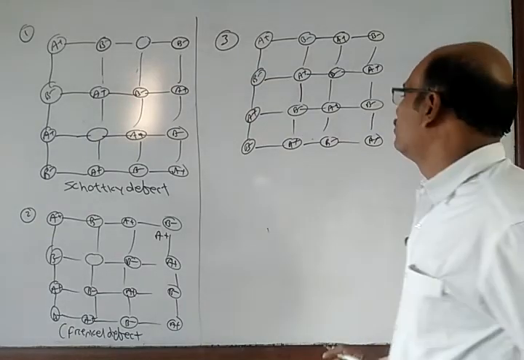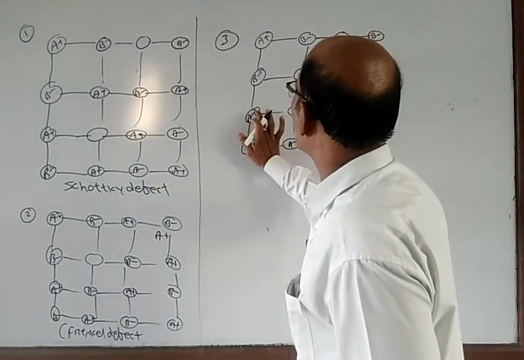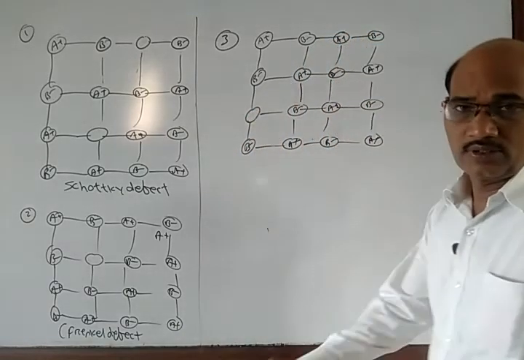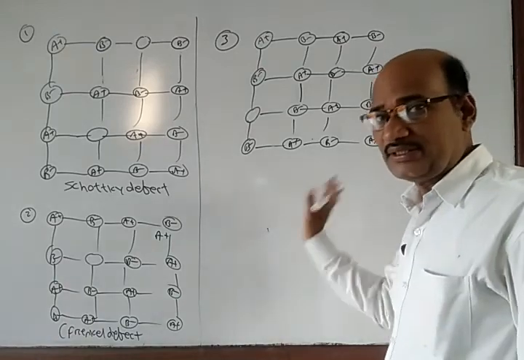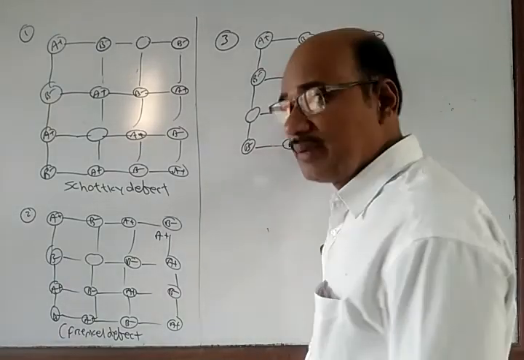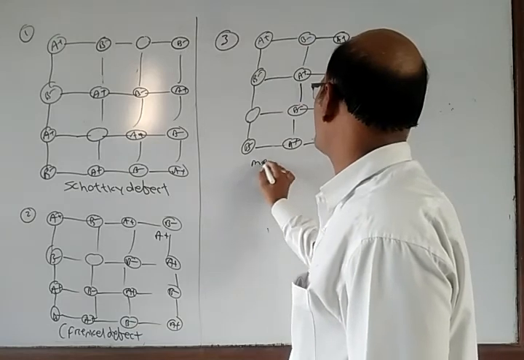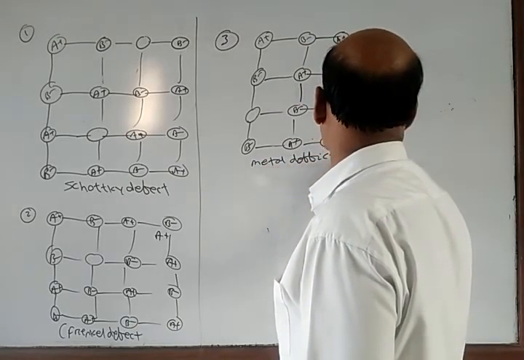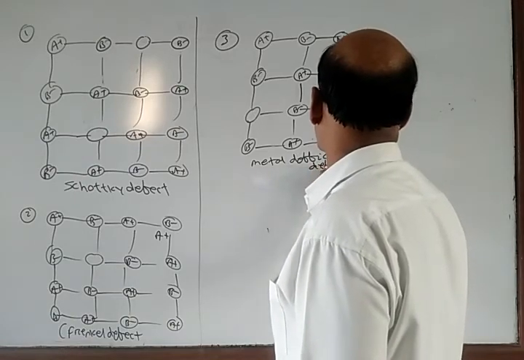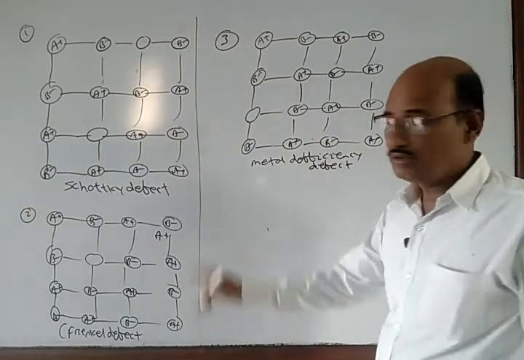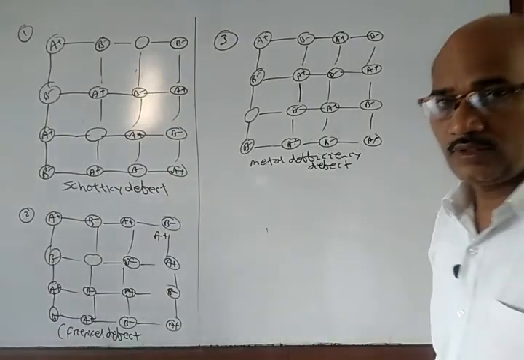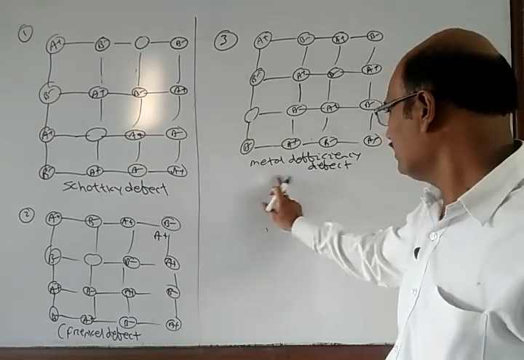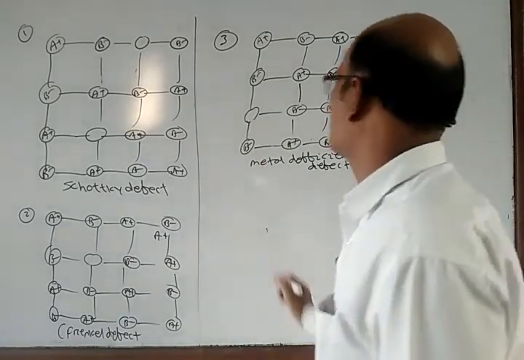Now suppose this A plus is absent here. Charge is not balanced, it is called what? Metal deficiency defect. Okay. So it is deficient in metal here, the metal deficiency defect.